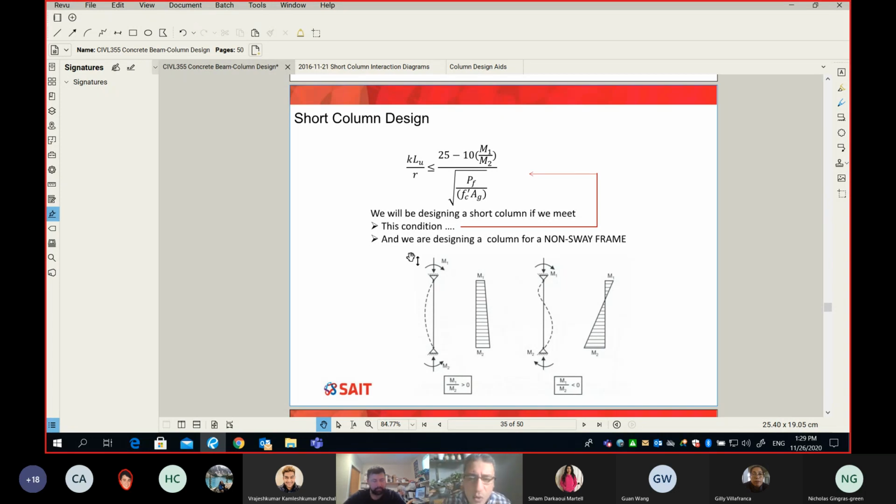As I said, the way we design the column for buckling in concrete is completely different from how we design the column in steel for buckling. In concrete it is way, way easier than steel. In concrete, either we ignore the buckling or we take the buckling into account.